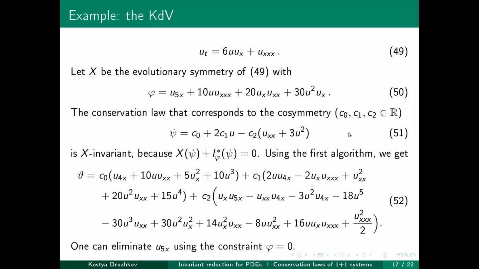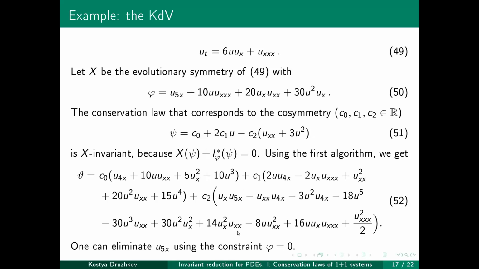Let's consider the second algorithm. The second, or the first algorithm. Using it, we get formula 52. And we can eliminate the fifth order derivative from the right-hand side of formula 52, because the fifth order derivative appears here, right, in one place.